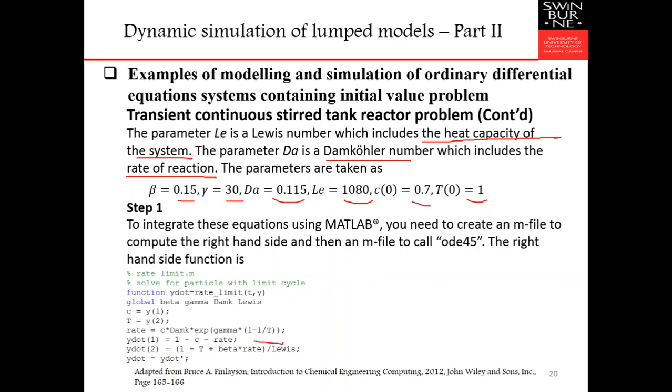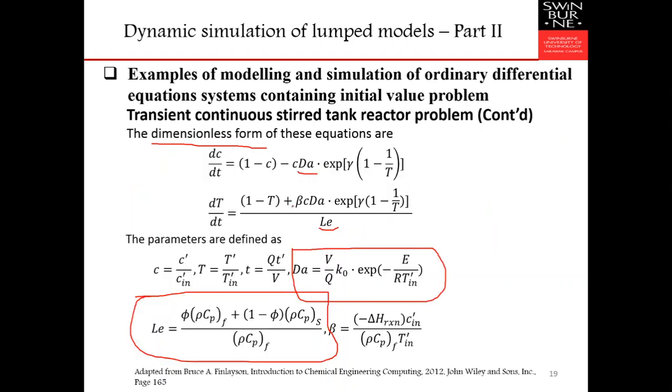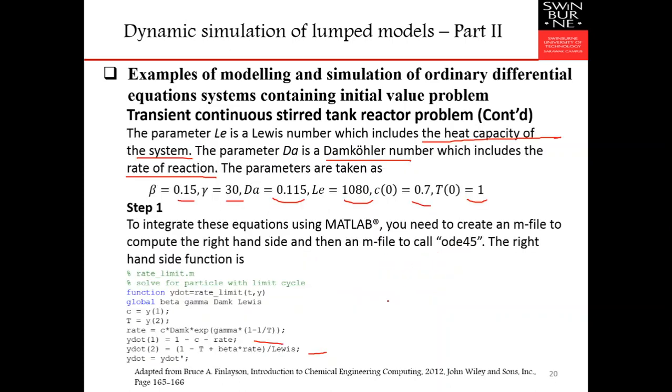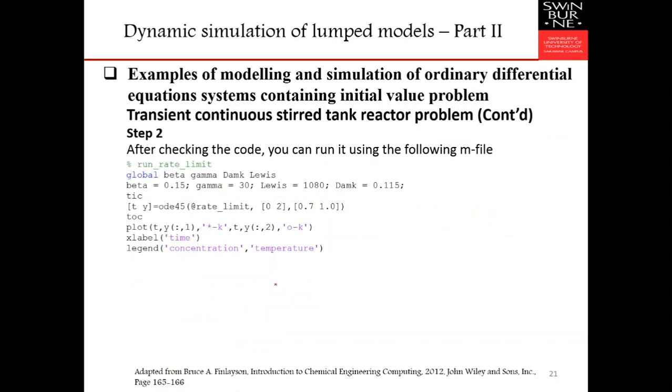The first one represents the first differential equation, and the second one represents the second differential equation. We have two inputs here: the first one is T, the second one is Y. Y1 is the concentration, and Y2 is the temperature.